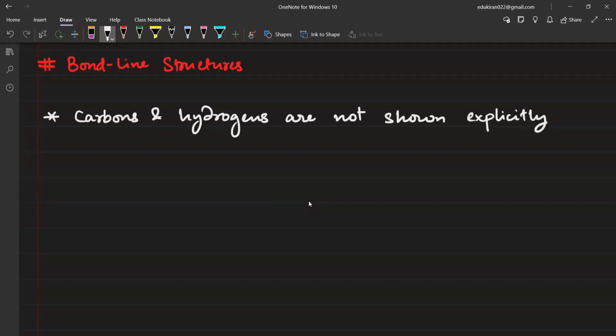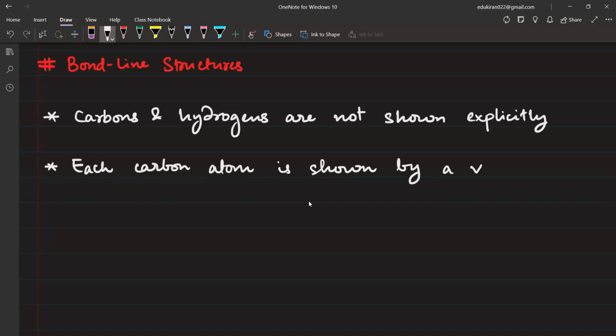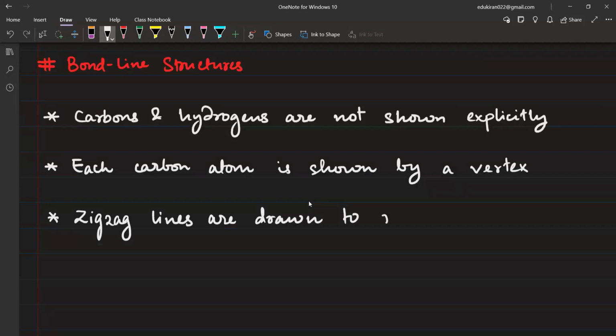Next thing is that each carbon atom is shown by a vertex, okay. Zigzag lines are drawn to represent structures.